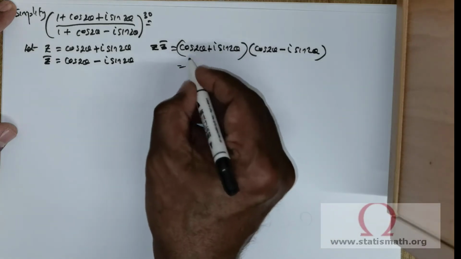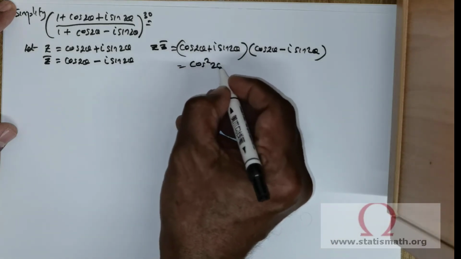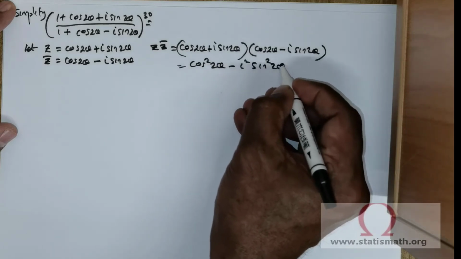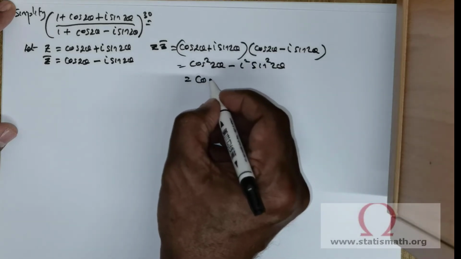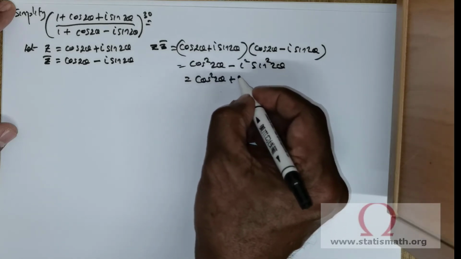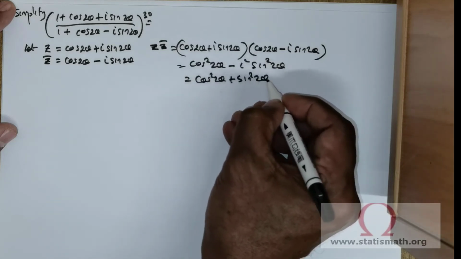This is equal to cos² 2θ − i² sin² 2θ, which can be rewritten as cos² 2θ plus sin² 2θ, since i² is negative 1.